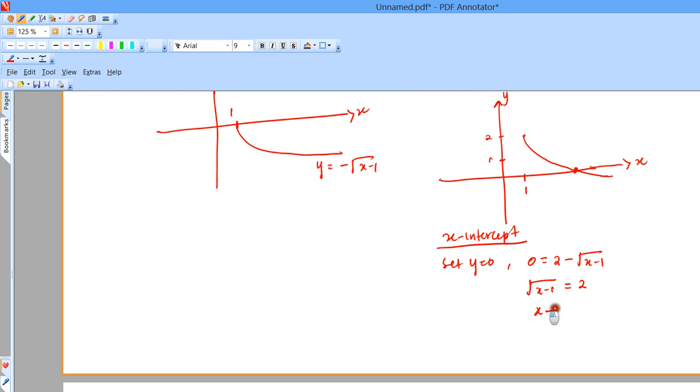So how to eliminate this radical? Just square both sides, so we get x minus 1 equal to 4, and x equal to 5. So here 5, and label y equal to 2 minus square root of (x minus 1).